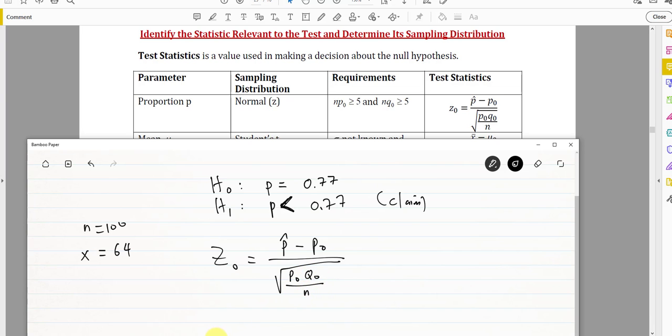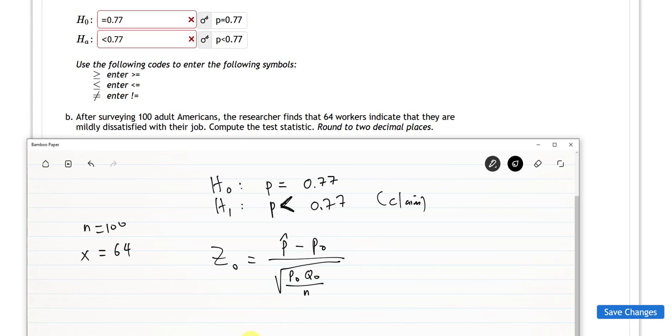So now let's go back to the question. I can find p hat, which is the point estimate in this case, x over n. After the researchers did the survey, they found 64 for x, the workers who say they are mildly dissatisfied with their job, so that's 64 over 100, or 0.64.